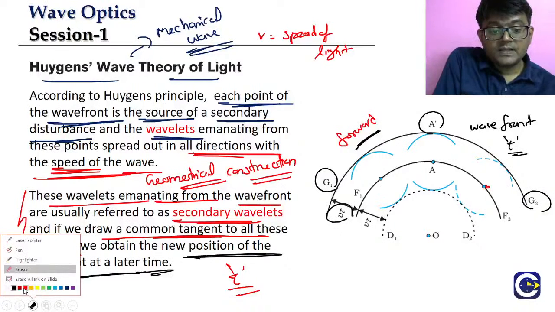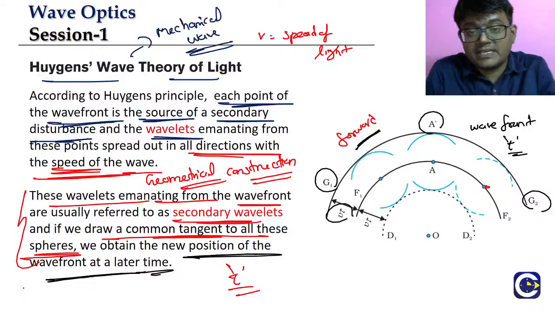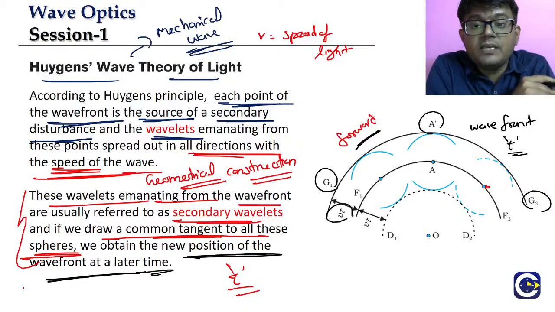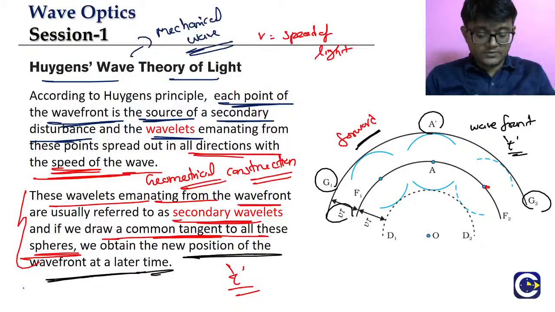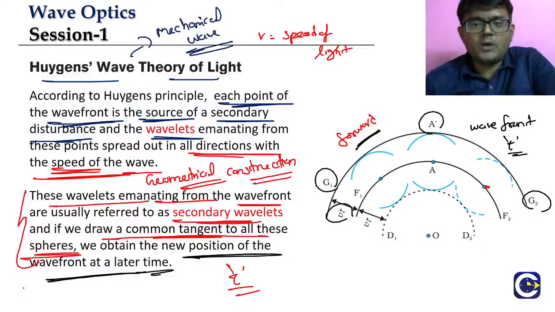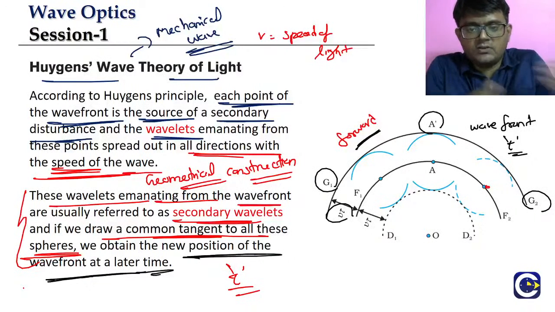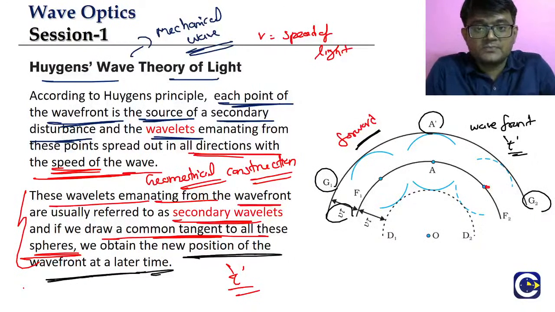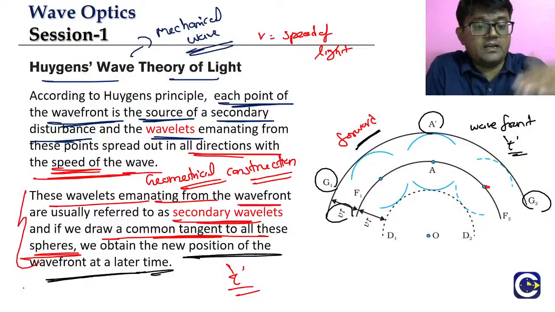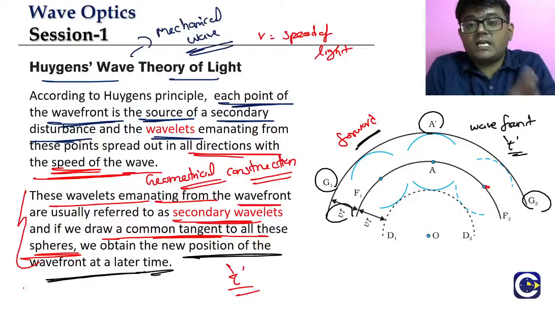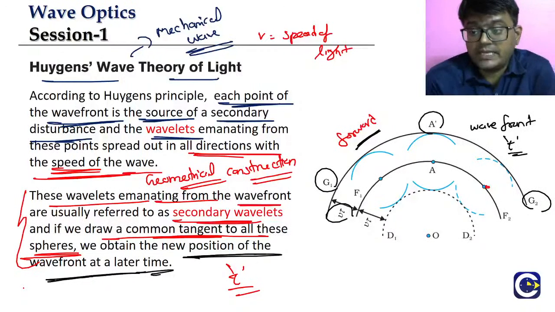But if they're traveling in the backward direction, then the concept of wave phenomena will be at risk, because from the source, what do we see? That light will only be propagating in the forward direction. We will not see light actually coming back again. If you go by this theory, the way a secondary wavelet moves forward, a secondary wavelet also has to move in the backward direction.